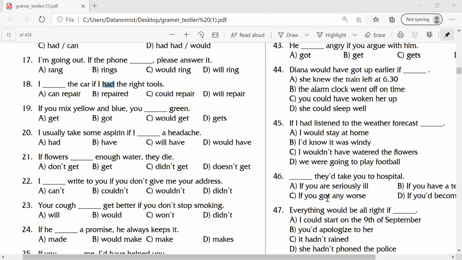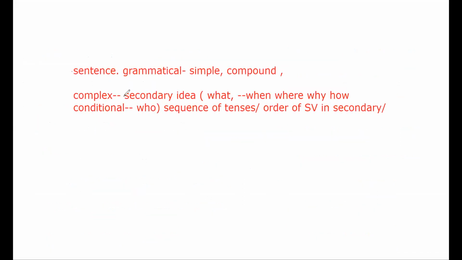Little information I want to give here extra, guys. As I said, the complex sentence has a secondary idea, and what we have seen till now is conditional. Now look at this. One point in the conditional part I want to tell you.